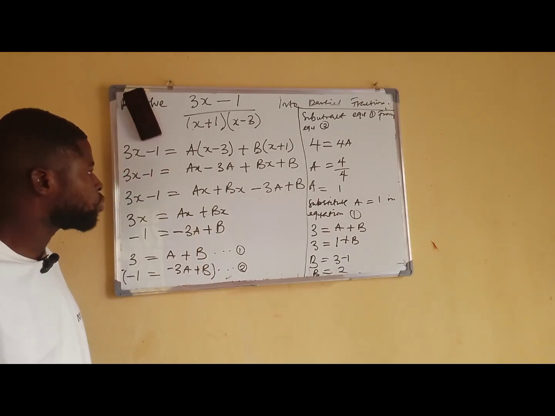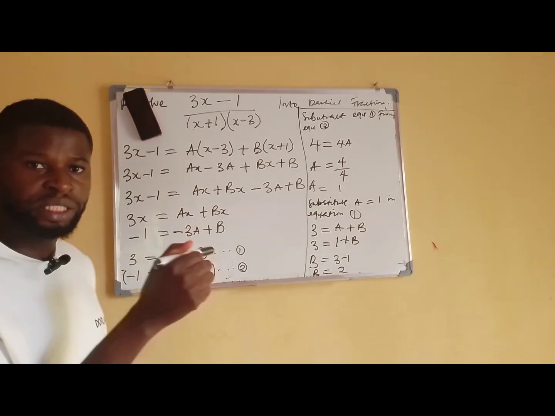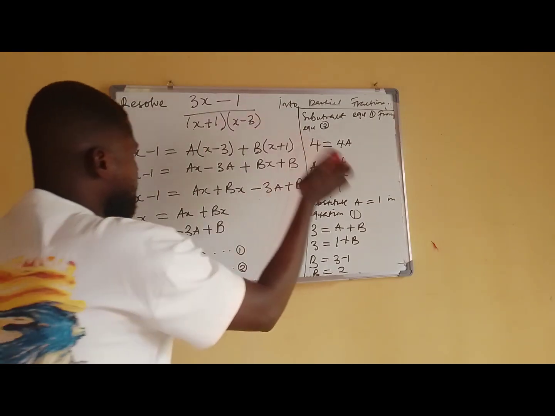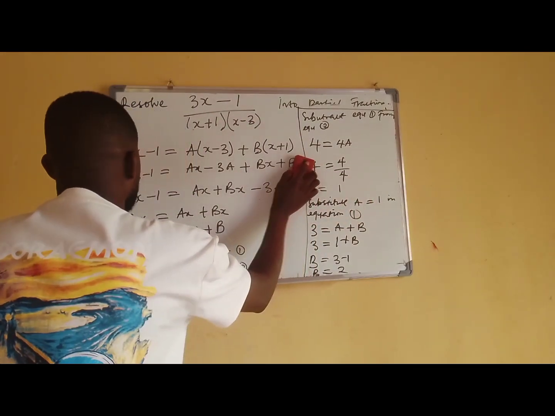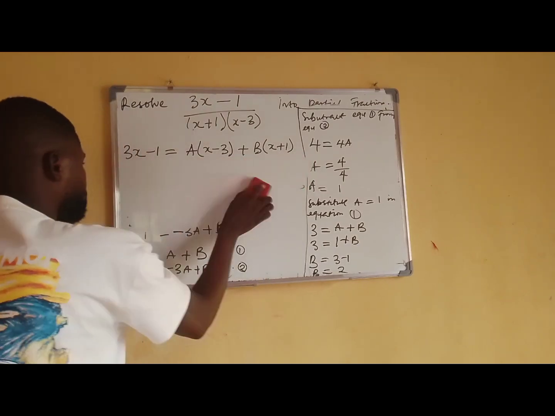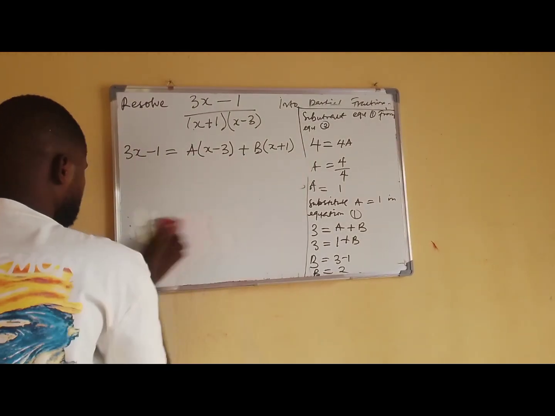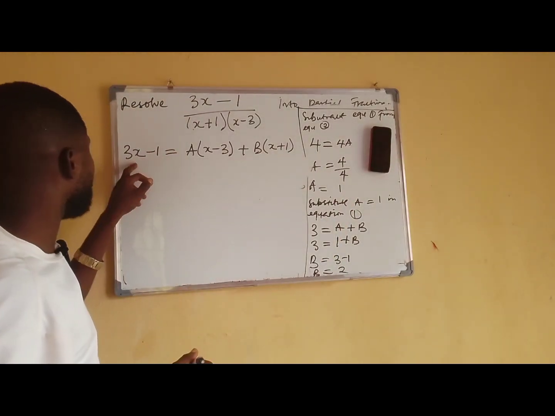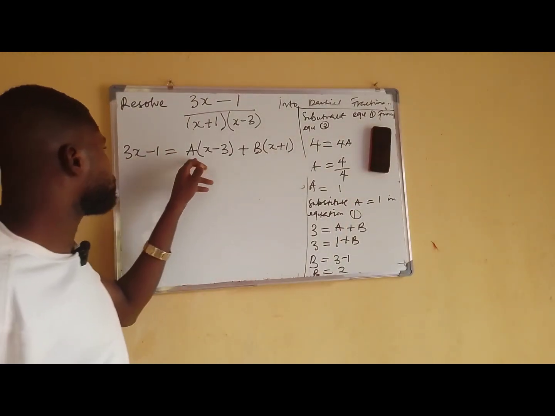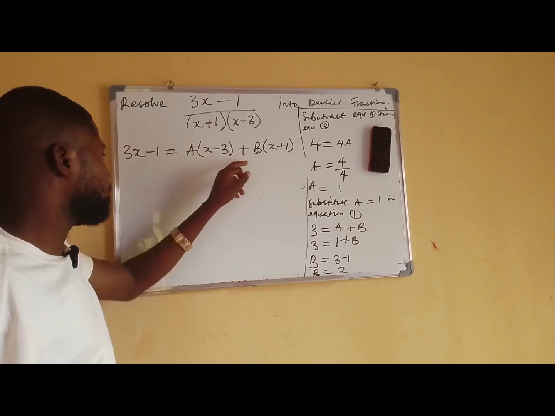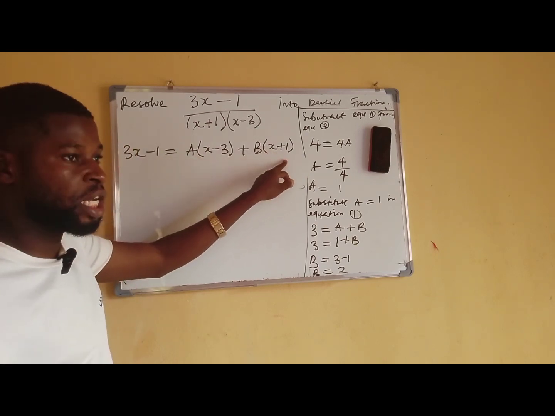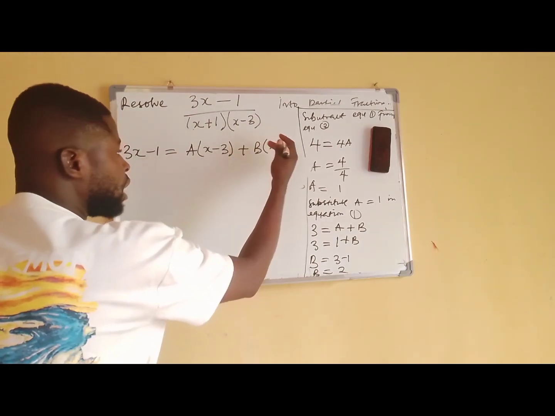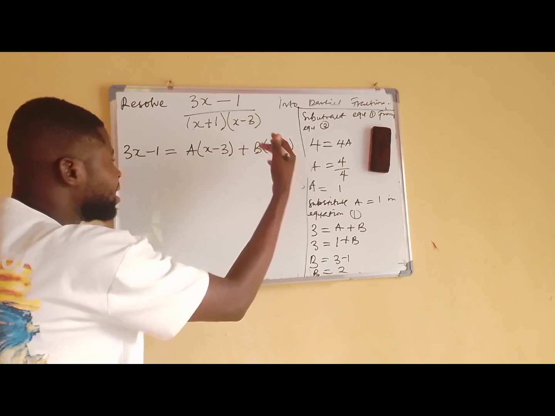If you care to check to know if what you solved is correct or not, this is the format you will go by. Now, we stated that 3x minus 1 is equal to a in bracket x minus 3 plus b in bracket x plus 1. Let's test this to know if the left hand side is actually equal to the right hand side.